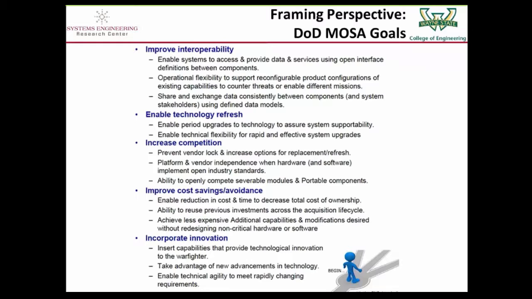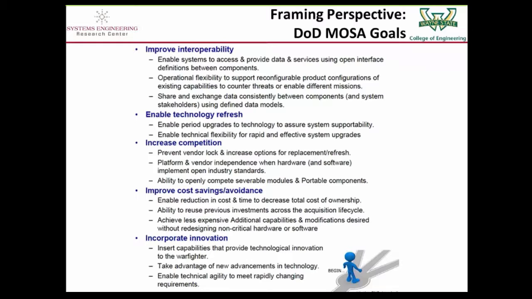So that's much later down in the acquisition life cycle. Similarly, enabling technology refresh is not when we're on a new start, but on system upgrades. Increasing competition is kind of the middle of the life cycle, in engineering and manufacturing development.